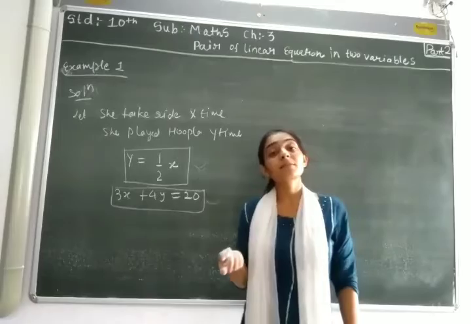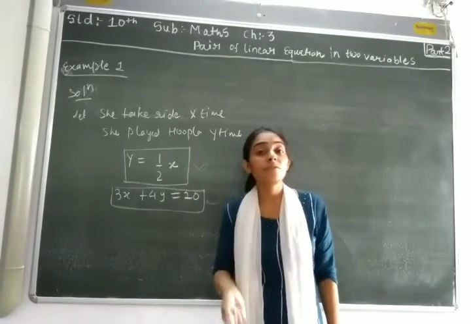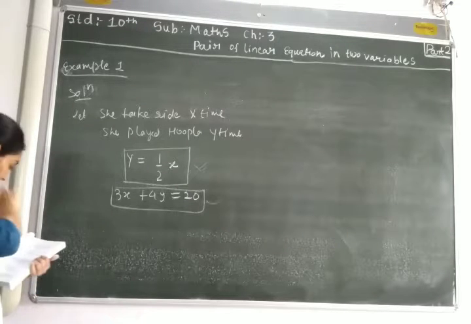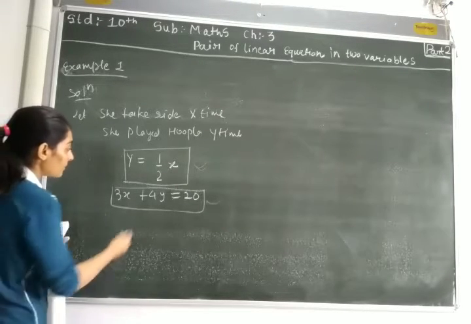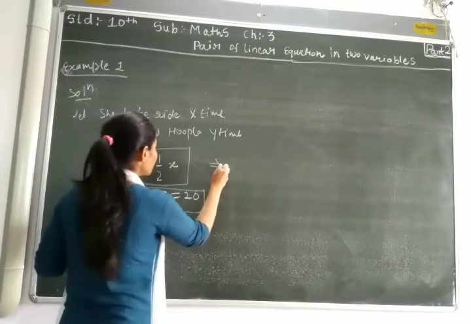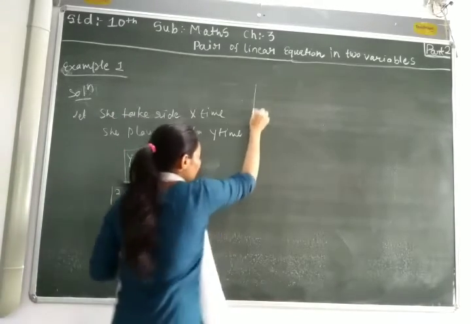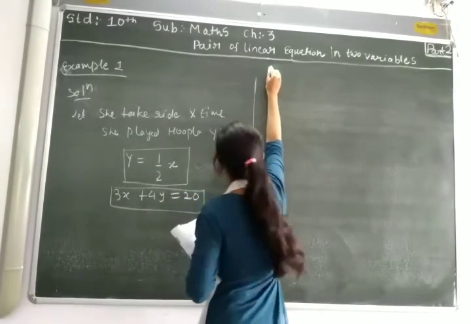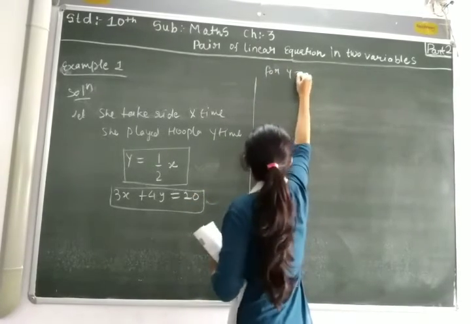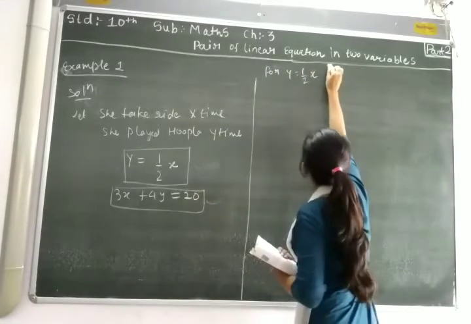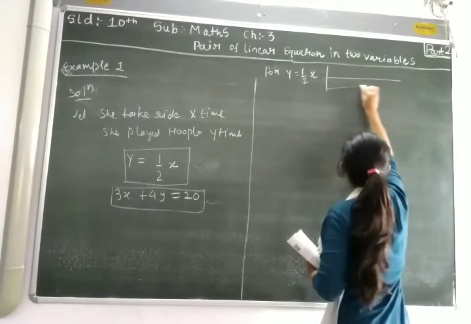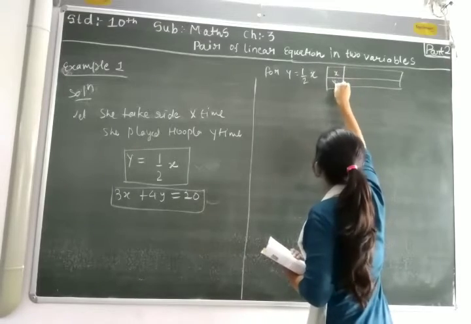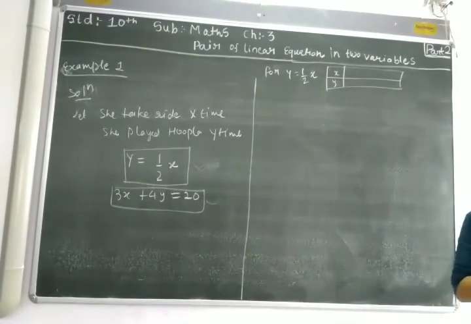Now you have to represent these equations graphically also. Look at over here. This one is my first equation, y equals 1 by 2 x. We have to find different values of x and y to represent this equation in graph form.